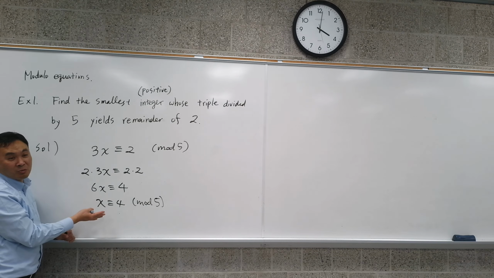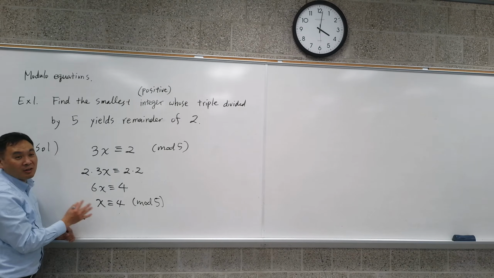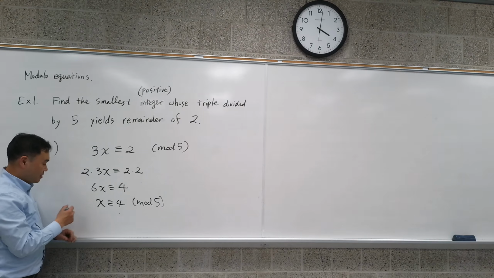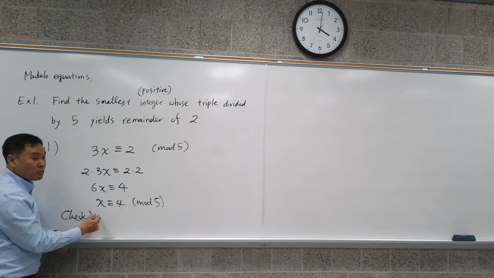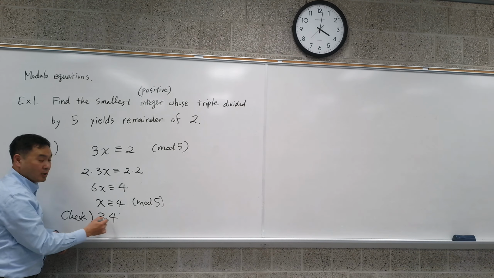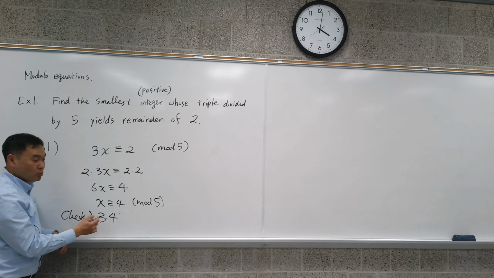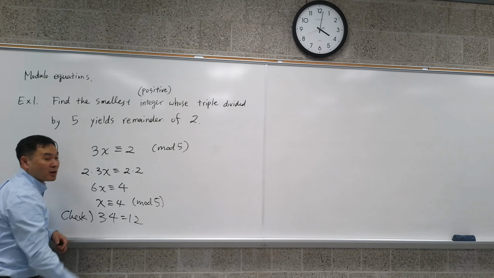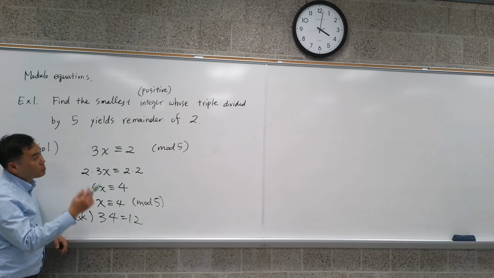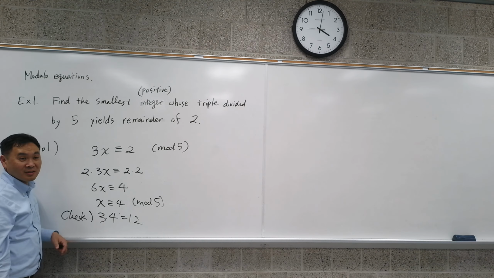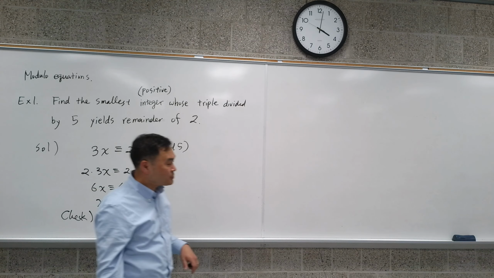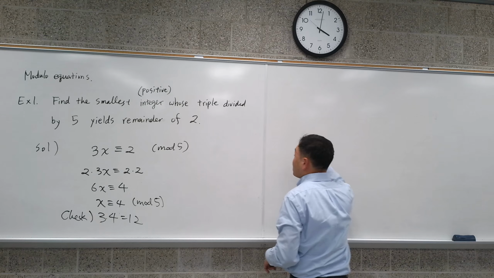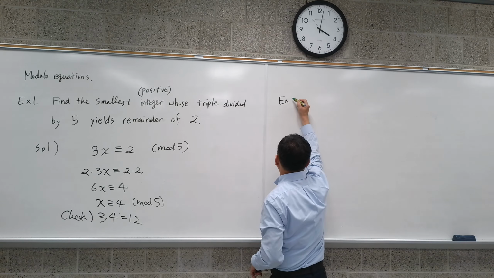Let's check. What is triple of 4? 12. What's 12 mod 5? 2. Indeed, that's true. So 4 is the smallest number that satisfies that.